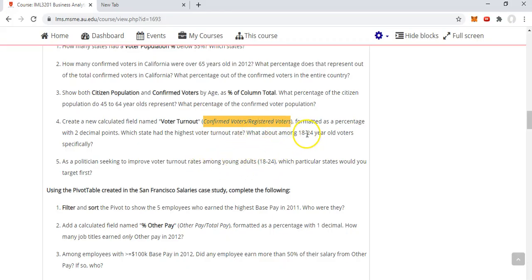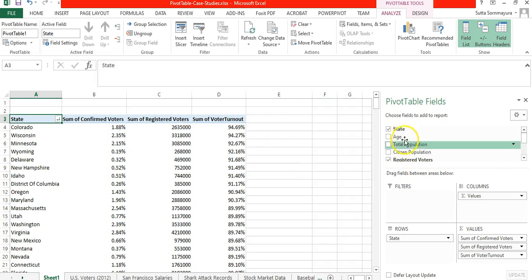And what about among 18 to 24 year old voters, especially? So you can find out about the age, right?